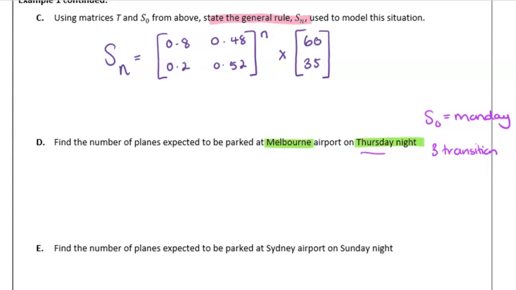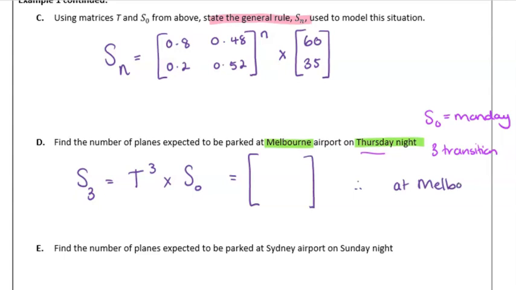So that means we are going to find S3. And we'll do that by doing our transition matrix to the power of 3 times our initial, and then we're able to get our matrix answer that we can then give our final answer from.